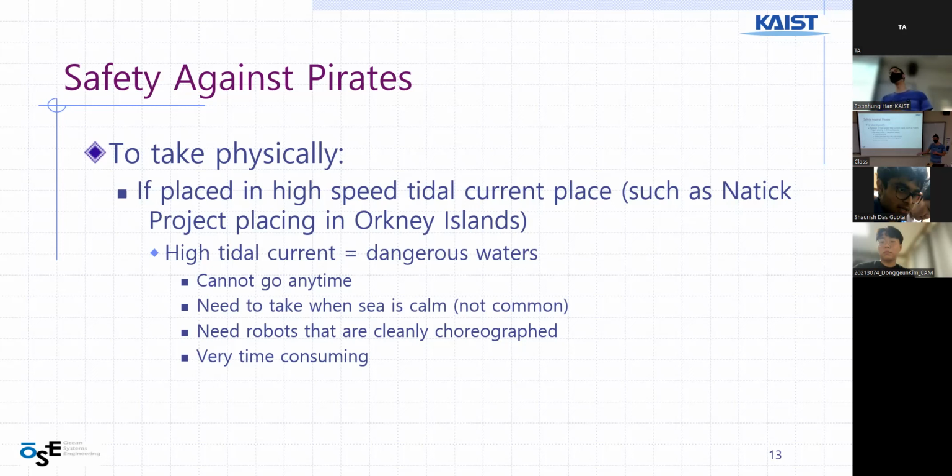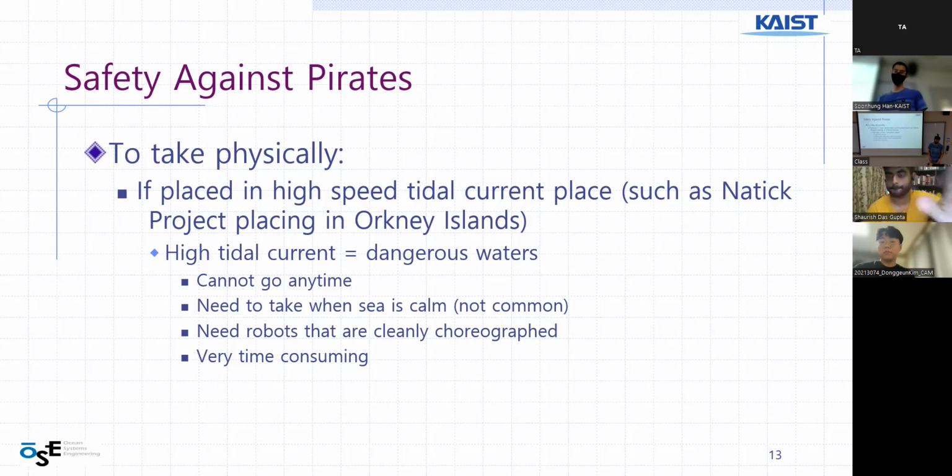They need to go when the sea is very calm, which is atypical, not common, and they need robots that are very beautifully choreographed to perfectly hook the winch to the data center and take it, and it's also very time consuming.